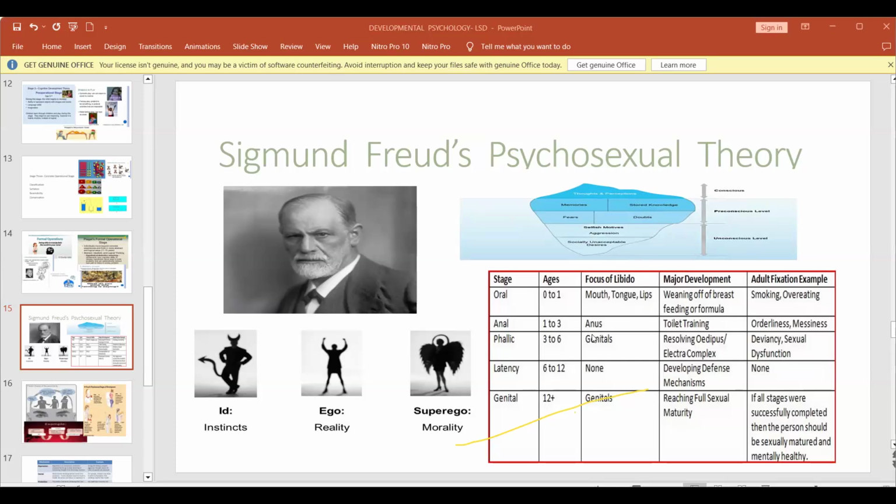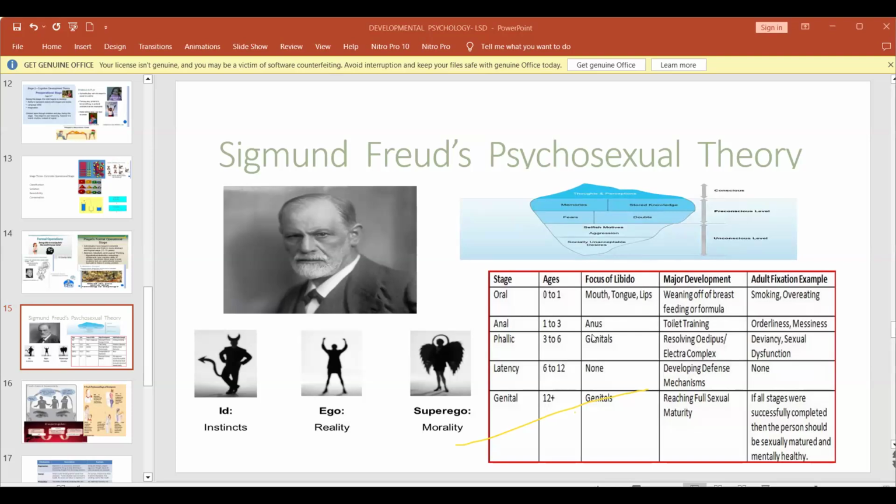So, at different ages, the bodily need stimulation or gratification. We need stimulation and gratification of a body part, a libido, and that differs from age to age, according to Sigmund Freud's psychosexual theory of personality development.